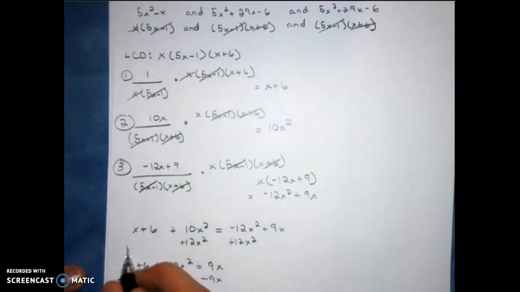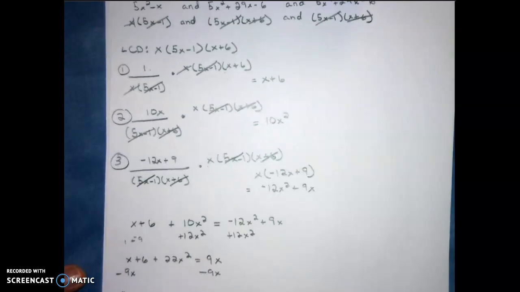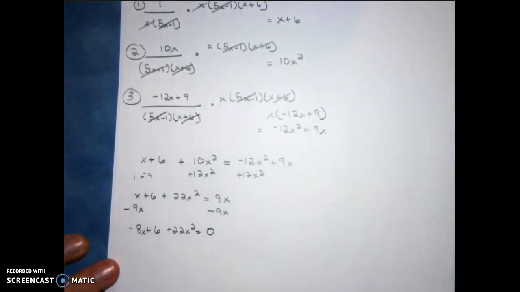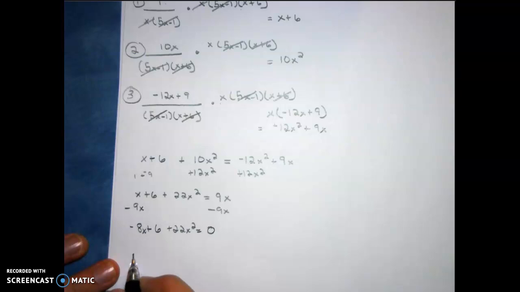So we have a 1 minus a 9, gives me a negative 8. So now we have negative 8x plus 6 plus 22x squared is equal to 0. Clear? I'm going to write this a little neater: 22x squared minus 8x plus 6 equals 0.